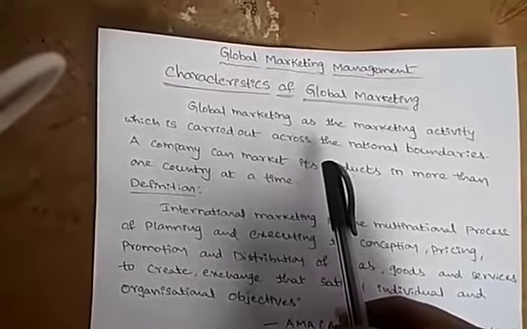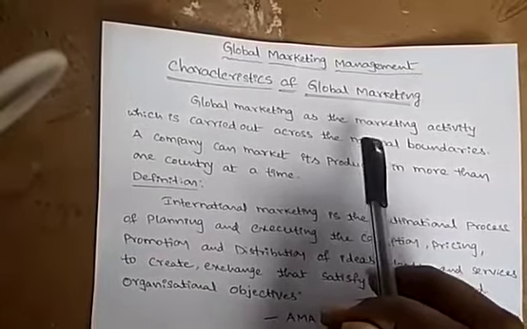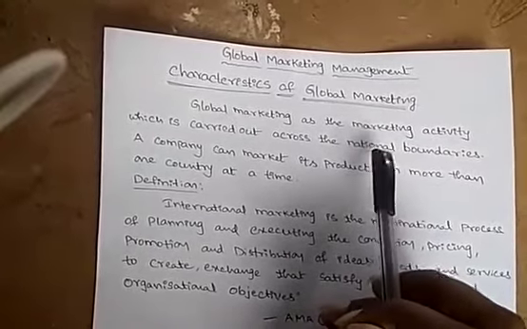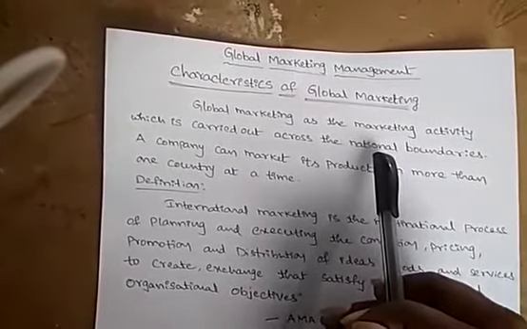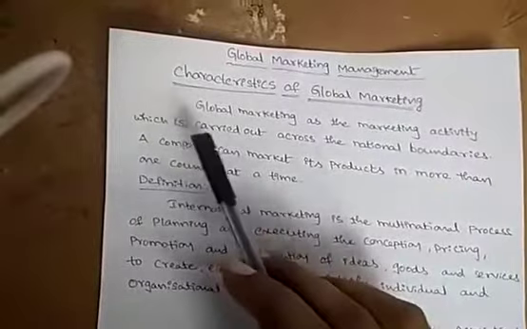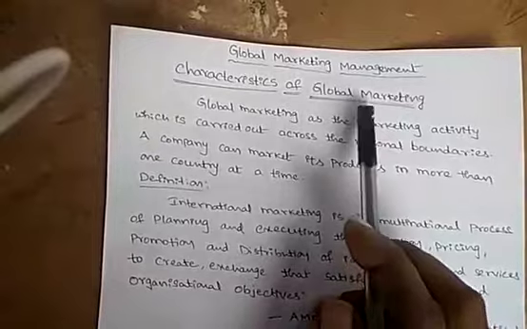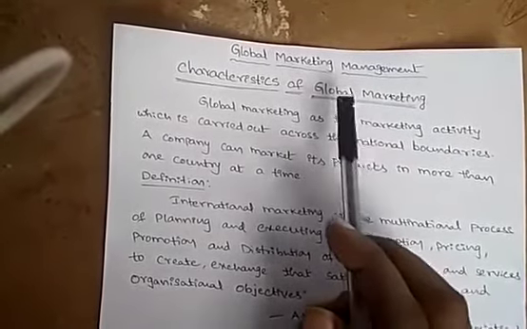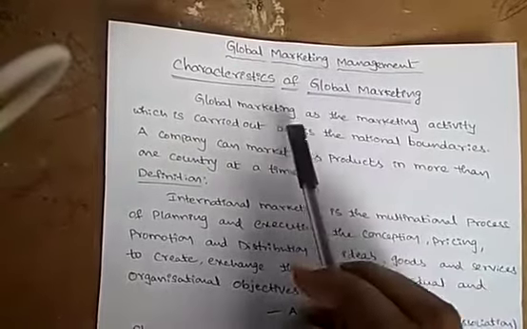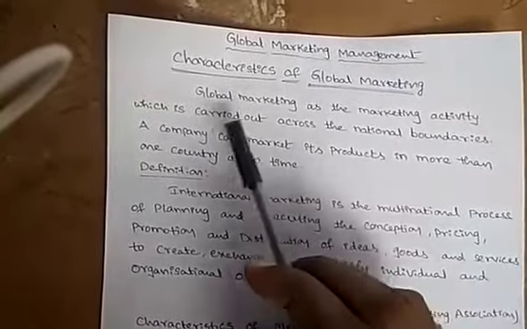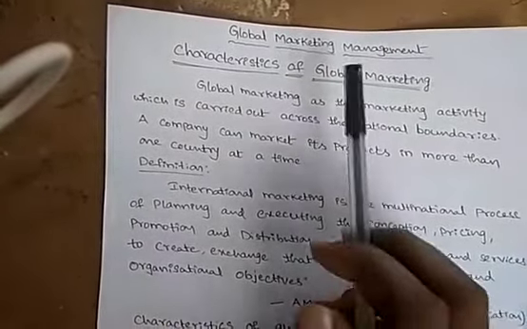When marketing activities are done within the boundaries of the country or nation, that is called domestic marketing, whereas marketing activities carried out across national boundaries are called global marketing.